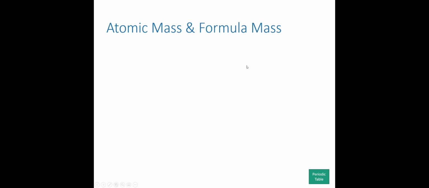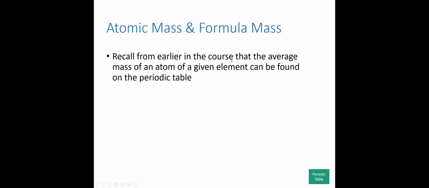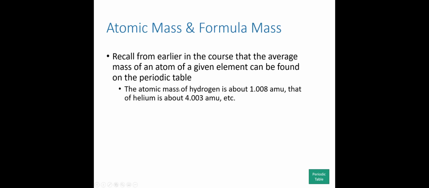Now the mole will have many useful aspects about it, but one of the most important when we first start is to see how we are able to derive masses of both individual molecules and moles of substances from them. So earlier in the course, specifically in Chapter 2, we saw that the average mass of an atom is found on the periodic table. For any given box in a periodic table, we know that we're given the atomic number, the symbol, and typically the atomic mass.